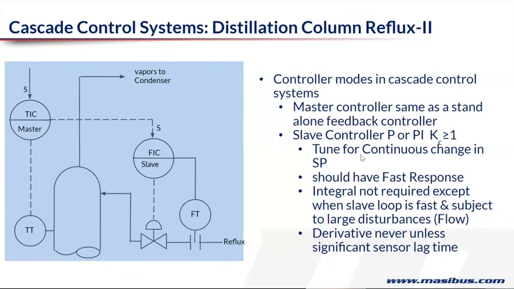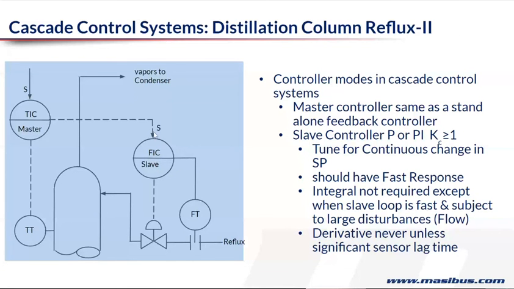So the slave controller, as I explained to you, the control output of the master comes as a set point. So here in the slave controller, the set point is changing all the time.